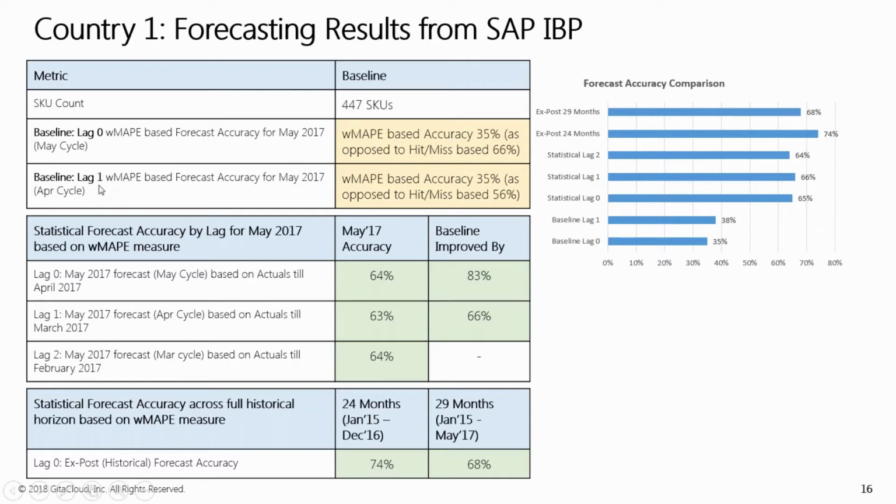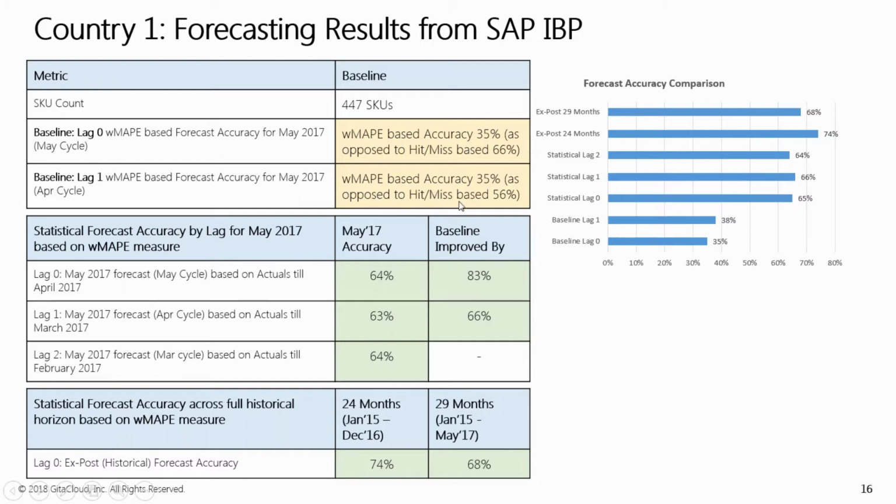And the baseline lag one, so lag one means we are looking at all the data till April, and then we are forecasting for May. So we have all the information of actual demand till April 2017 and use that to forecast demand in May 2017.